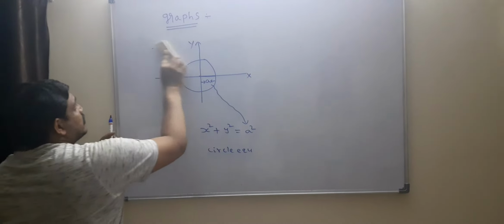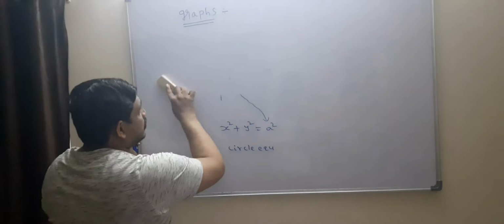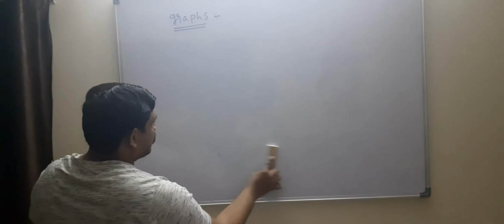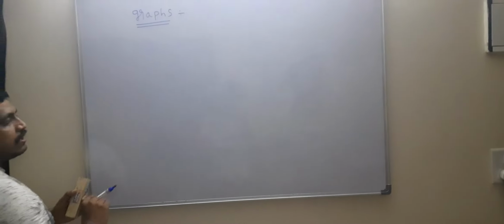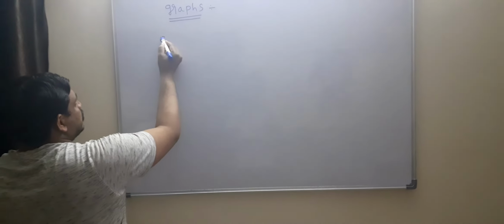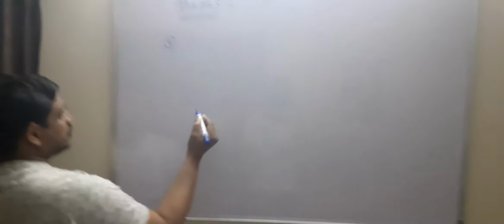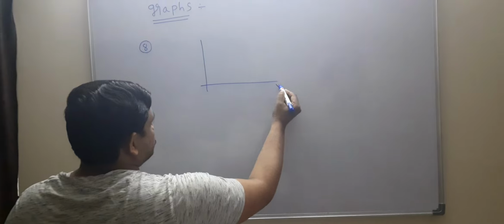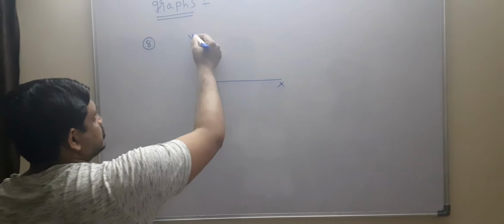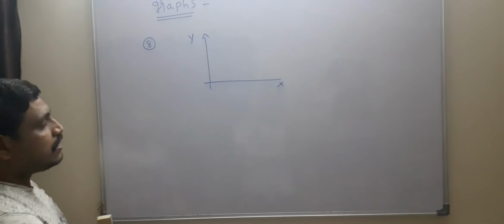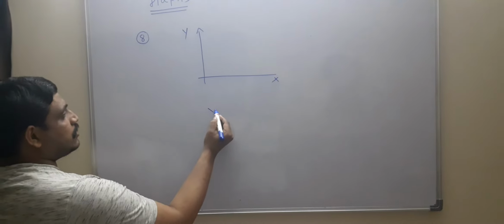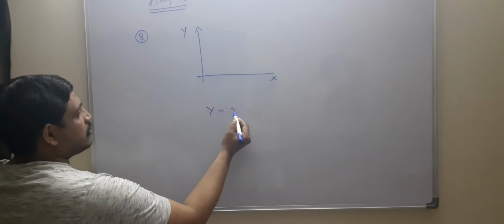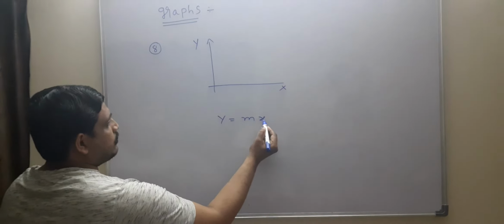Next, graph number 8. Look here. This is the x-axis. This is the y-axis. For example, the equation we get is y equal to mx.